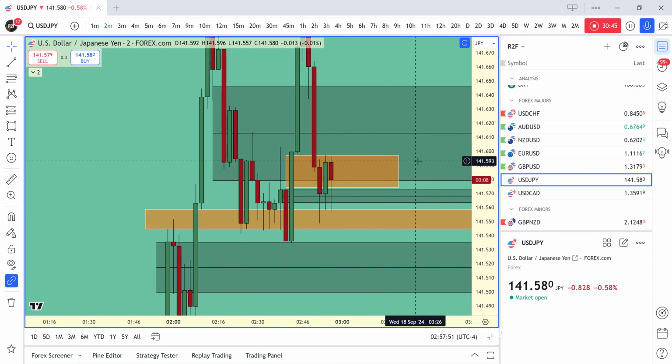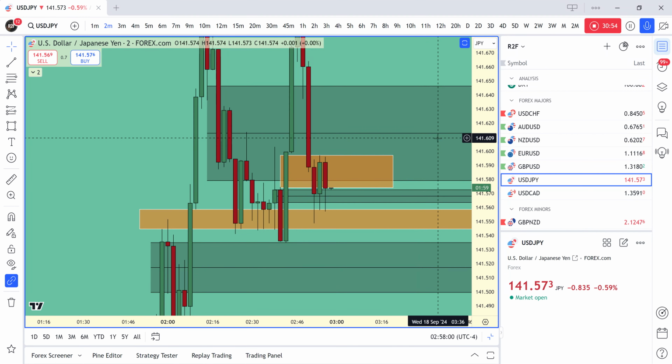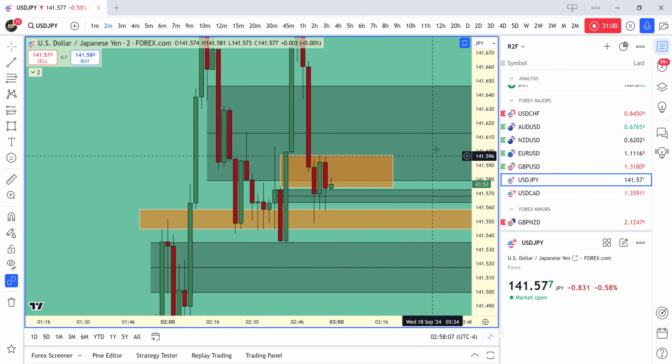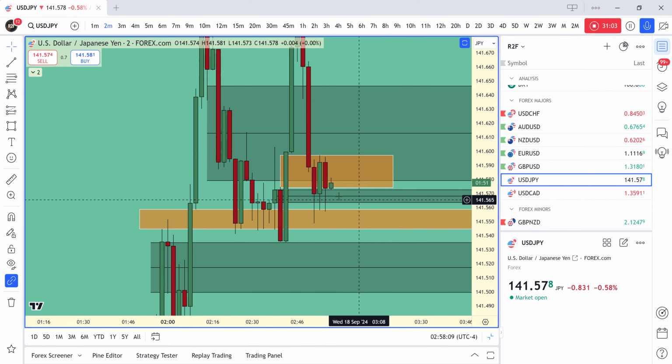Not a bearish order block yet. You have 4 seconds. 4, 3, 2. Okay. Yeah, not convincing yet. I want to see it close below.